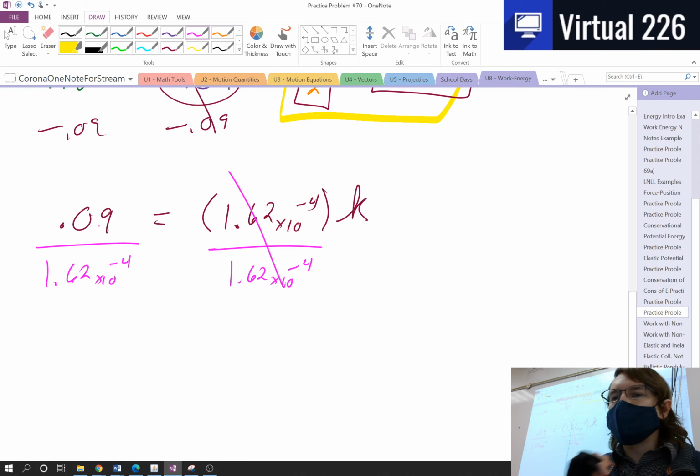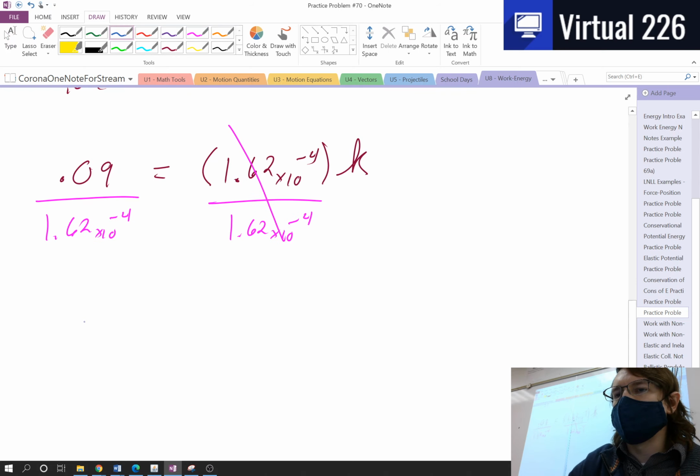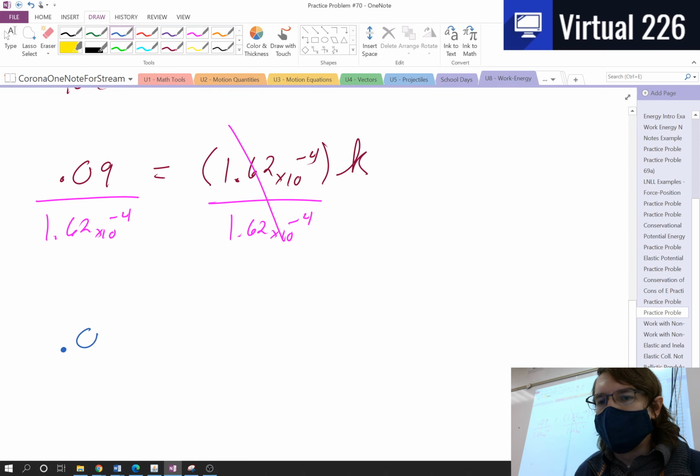Remember, if you're on your calculator, whenever we type in that times 10 to the minus 4, it's best to write this out. Like if I were to type everything in, every single number, I would type in 0.09 divided by, and then because I'm paranoid, I always put a parenthesis, 1.62 e minus 4.